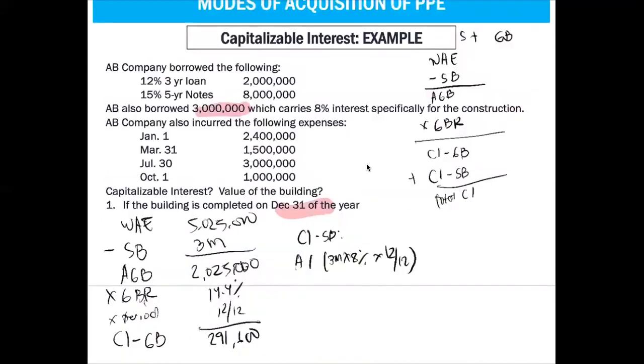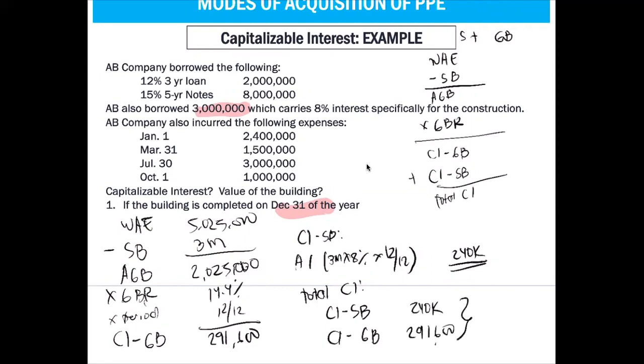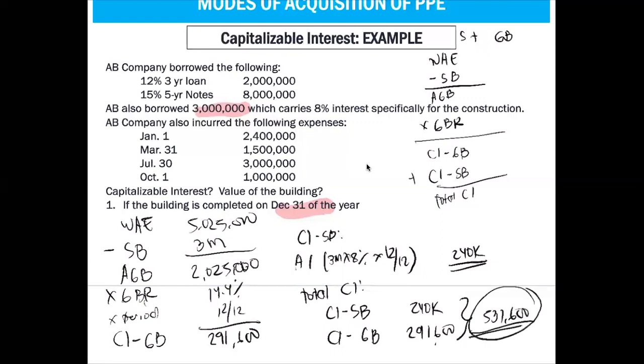So what is the actual interest? 3 million times 8% is 240,000. Okay. So what is the total capitalizable interest? So capitalizable interest is specific borrowing, 240,000. Capitalizable interest, general borrowing, 291,600. So total capitalizable interest, 240,000 plus 291,600. We have 531,600. That's the total capitalizable interest.